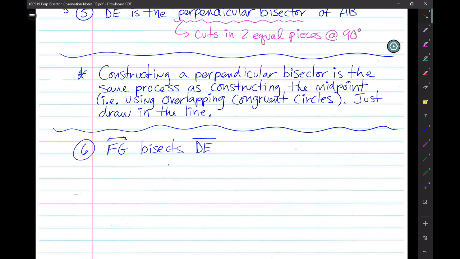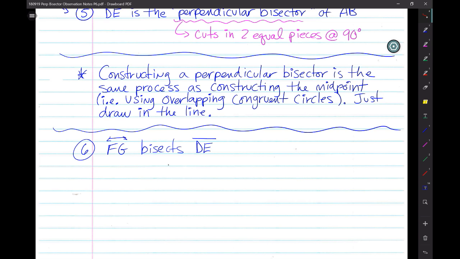And I want you to notice something kind of interesting here. When we were talking about DE earlier, look at observation number 1 on your paper. We called it line DE with the arrowheads on top, but now I'm calling it segment DE. Does that matter? Well, actually it does. A line goes in both directions forever and ever, right? That means we can't say at this point right here is the middle.